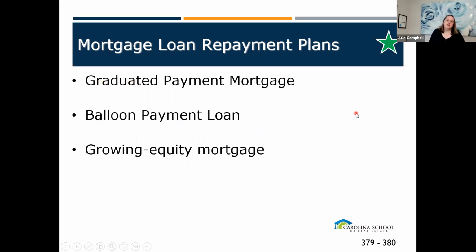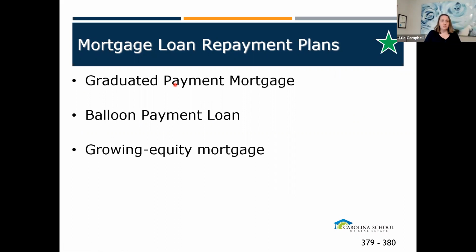Other repayment plans, something called a graduated payment mortgage. The payment starts lower and then it increases as time goes on, usually on predetermined dates. Your payment goes up. With these, the expectation is maybe you don't have a whole lot of money right now and you can't make really big payments right now.